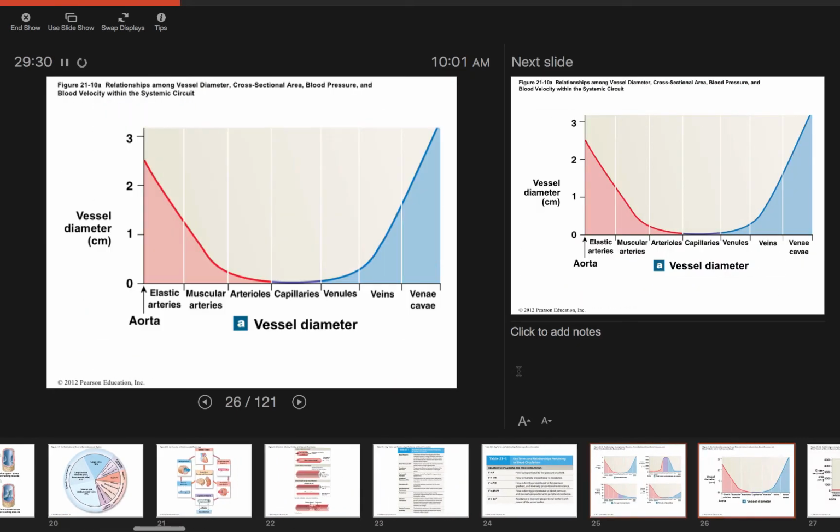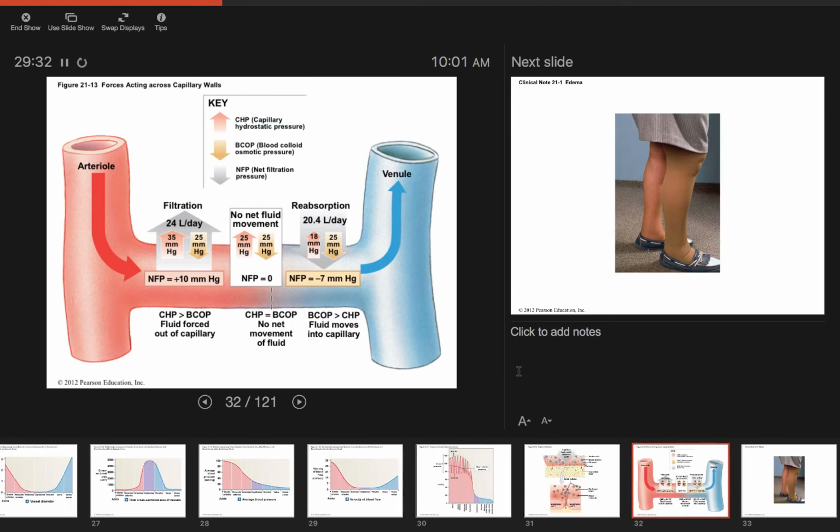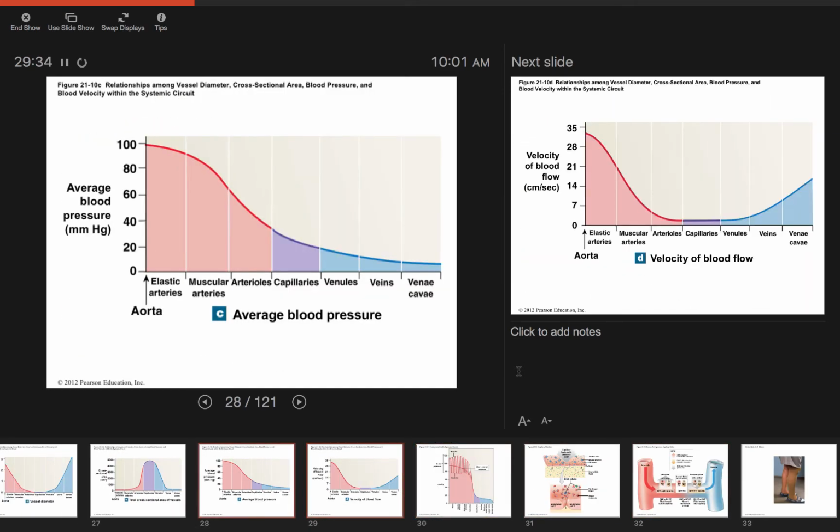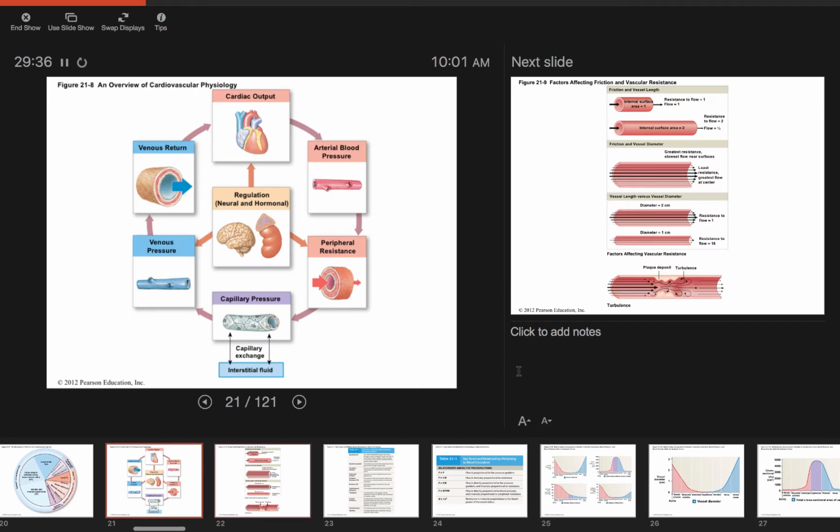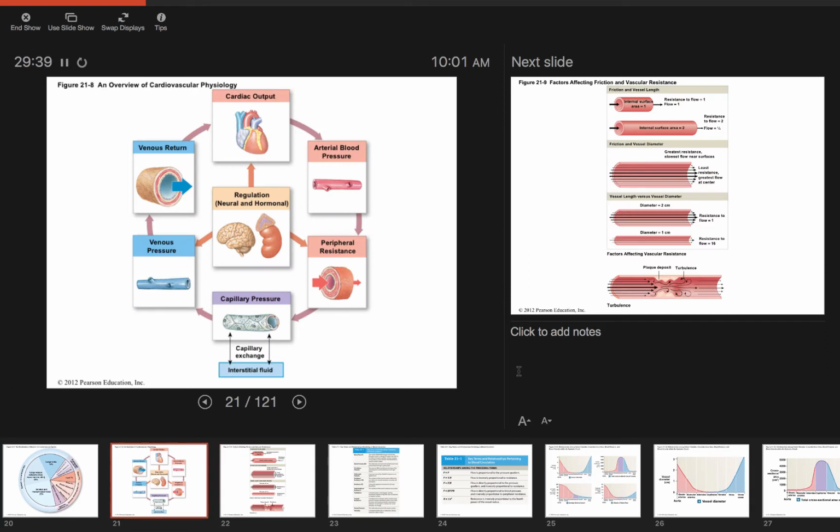And then the third thing that we have, where did that picture go? The third thing that we have is called turbulence. So what's turbulence?